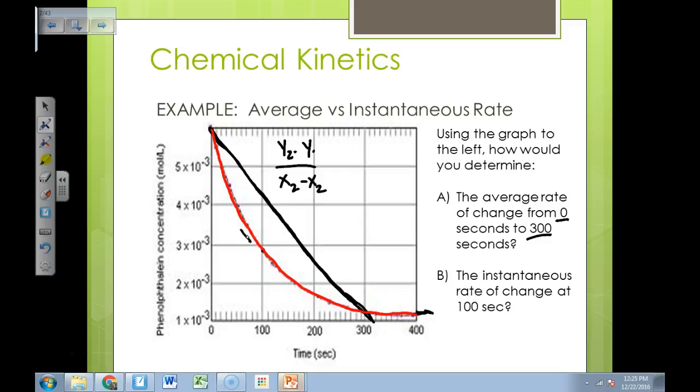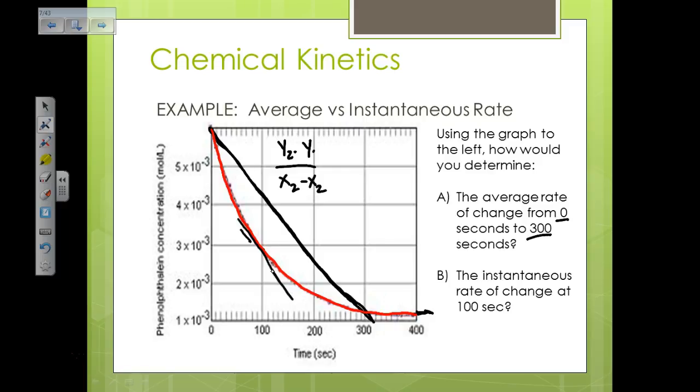My tangent line just barely touches this in one spot. Now I can find the slope of that tangent line in a bunch of different ways, and that gives us the instantaneous rate of reaction here.